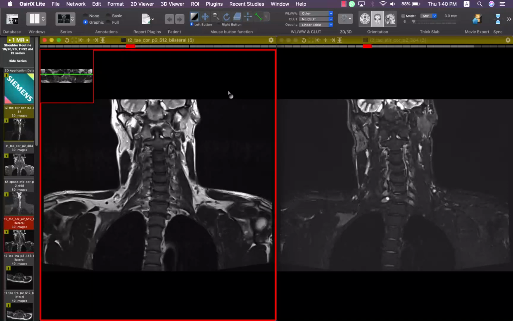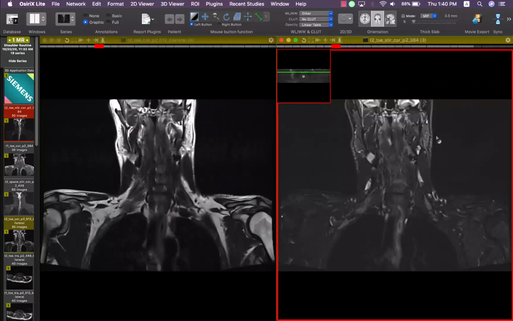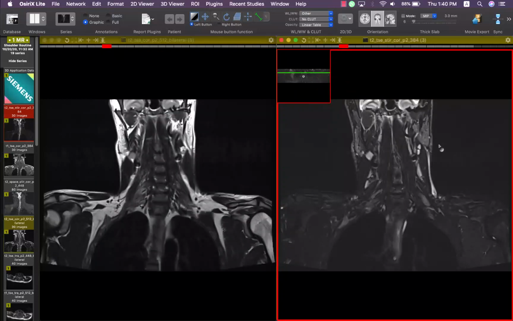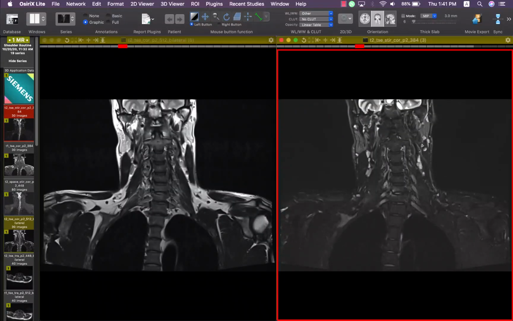Actually, this is an MRI brachial plexus, but we will not discuss the MR brachial plexus in this case. We will discuss it separately in the next session, inshallah, because there is no abnormality in the brachial plexus here.